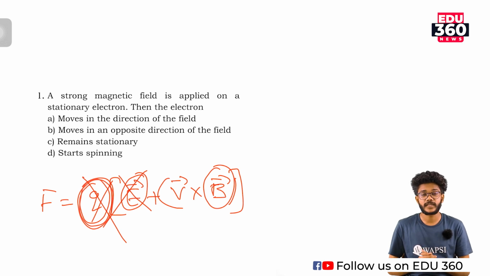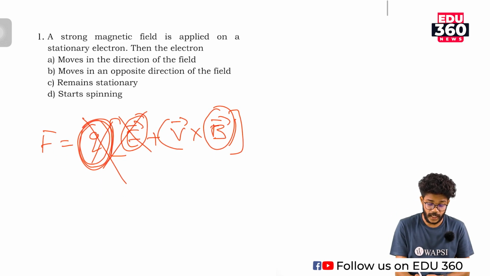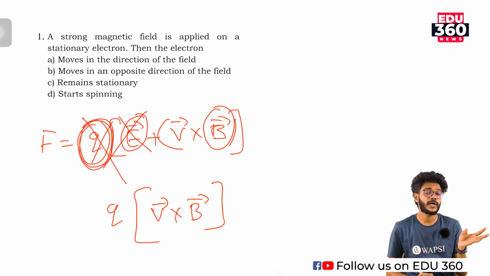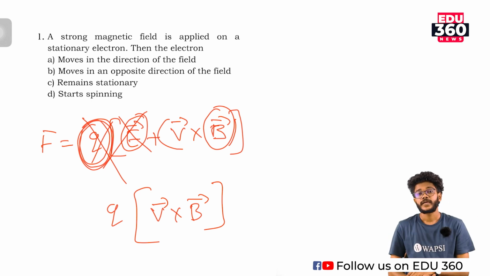Next one is the component of the force due to the magnetic field. Here we have a charge, but we want a force due to the V cross B. That means the velocity of the charged particle should act with the magnitude of the magnetic field. So there is no velocity actually here.